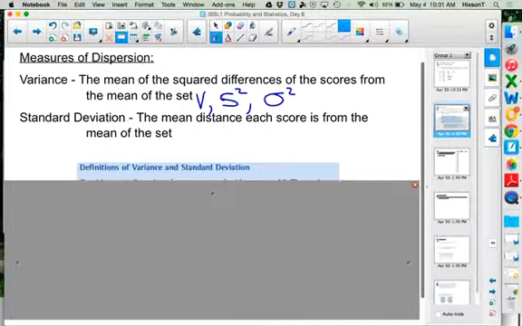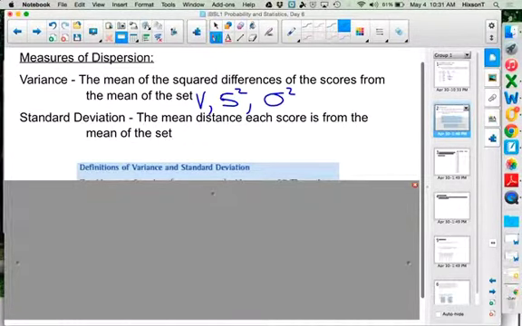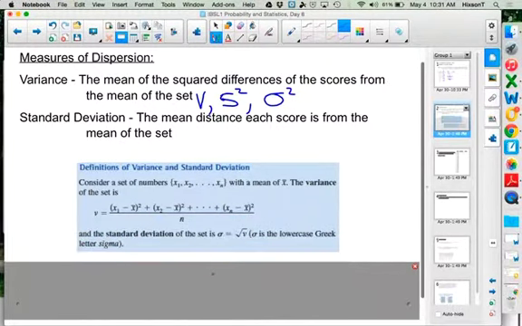Now, the S is the variance of a sample. The sigma squared is the variance of the population. We're not going to get into it enough to really make a distinction in our class, because we're not going to talk about sampling per se.